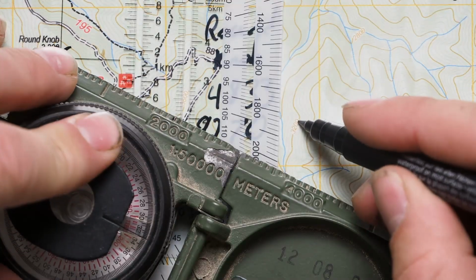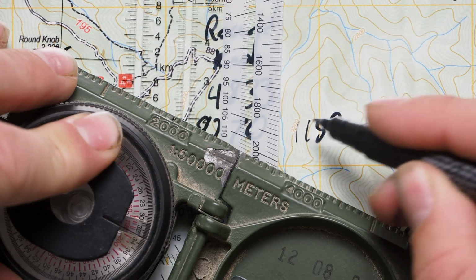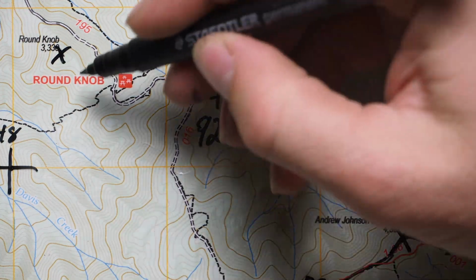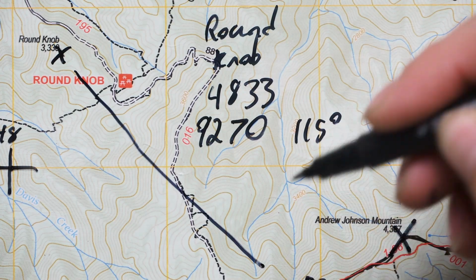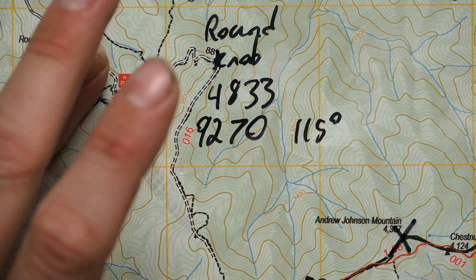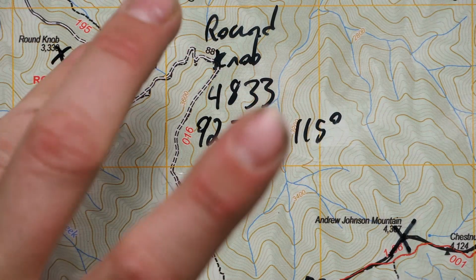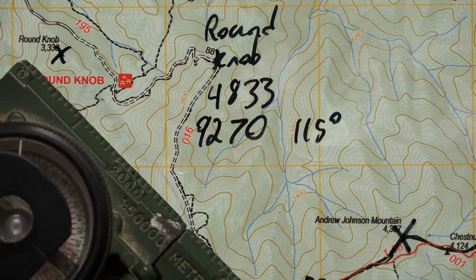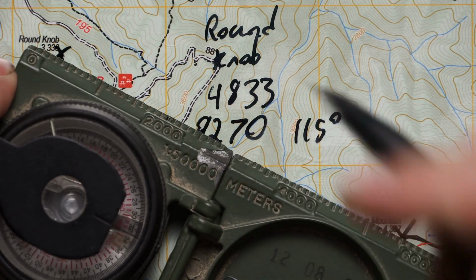So let's go ahead and write down 115 degrees. And that's the azimuth from Round Knob. Oops. Well, hand sanitizer is going to come in handy here. There we go. So that's going to work from Round Knob to Andrew Johnson.